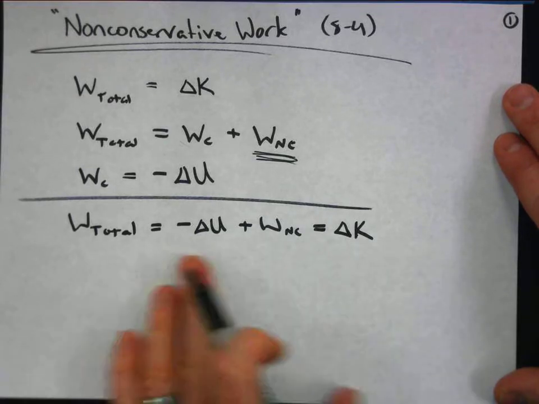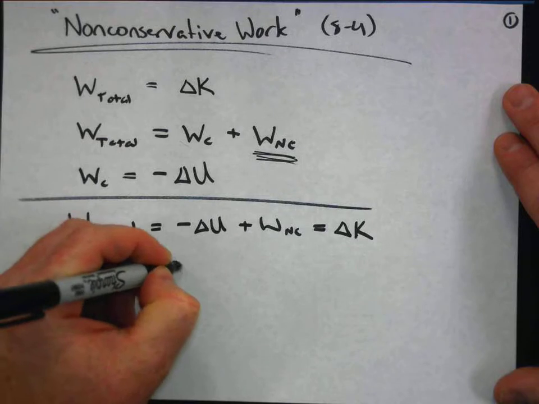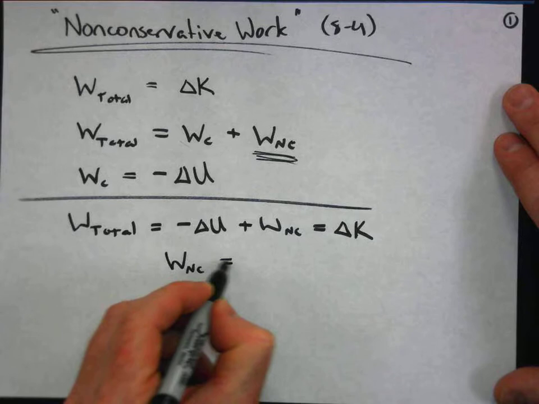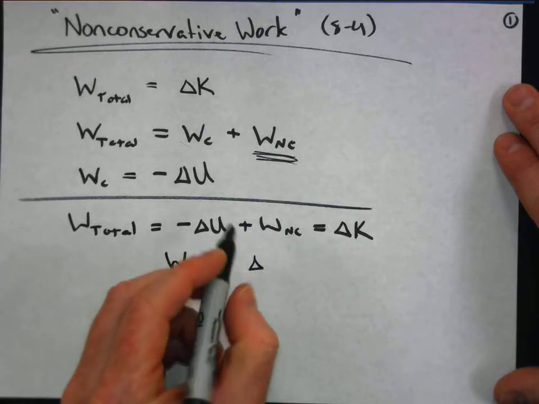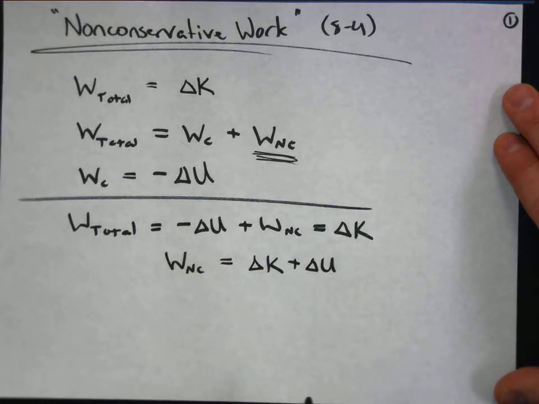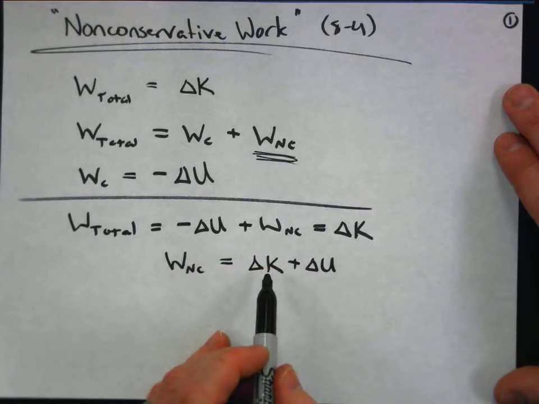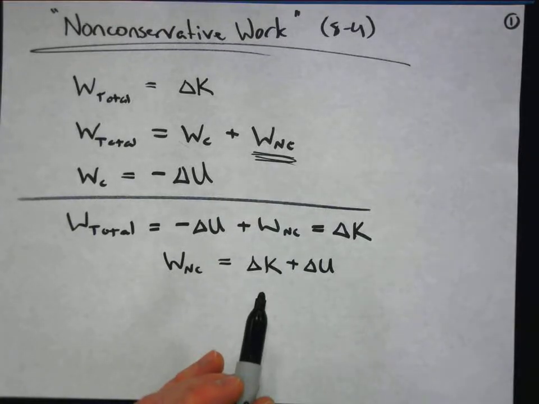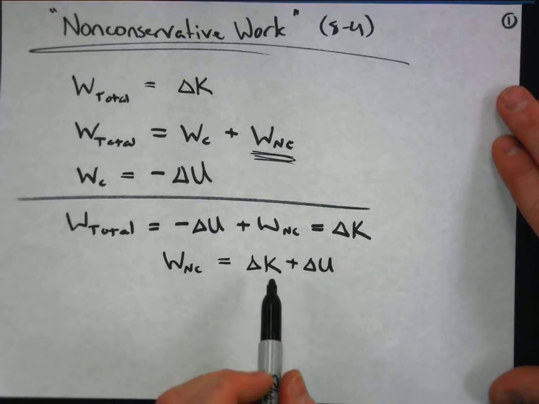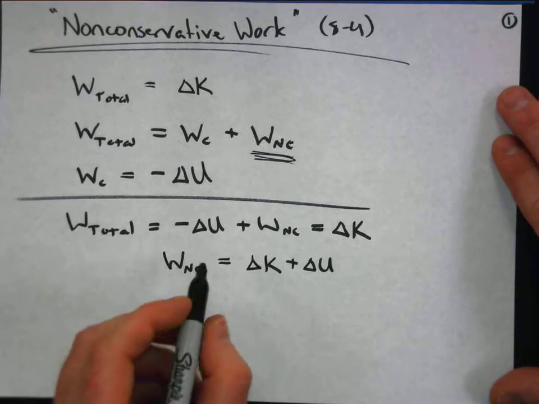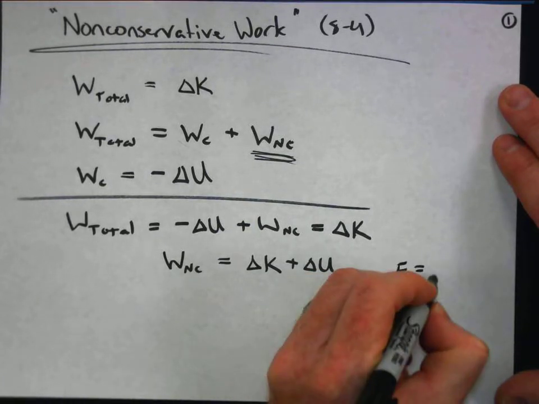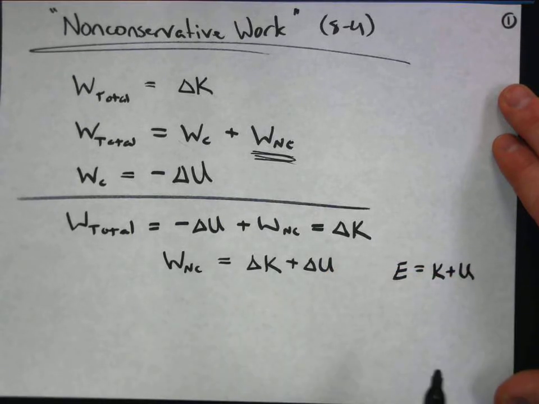Looking at this side of things, we're going to solve for the work done by non-conservative forces, forgive me. And we can see that this is going to be the change in kinetic energy plus the change in potential energy. In other words, if we consider the idea of total mechanical energy, it consists of kinetic plus potential energy, then essentially, off to the side here, total mechanical energy, that's E, equals kinetic plus potential energy of the system.